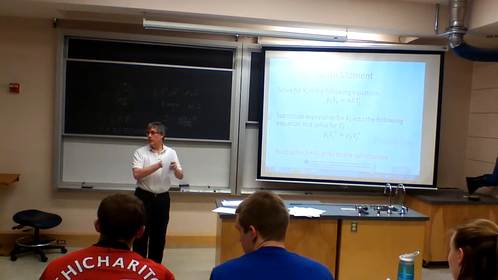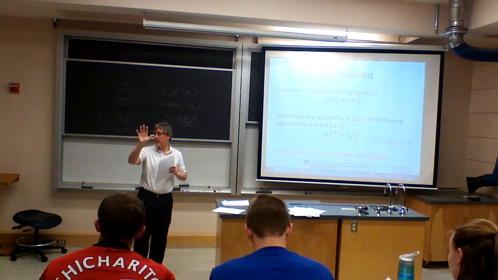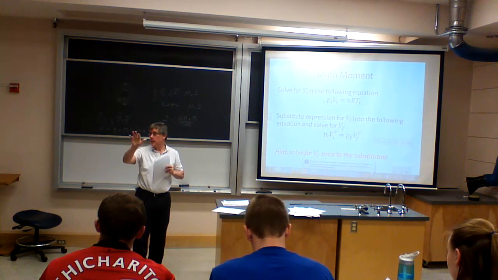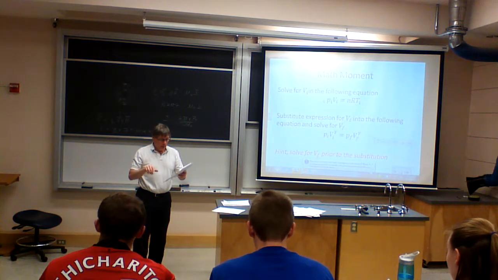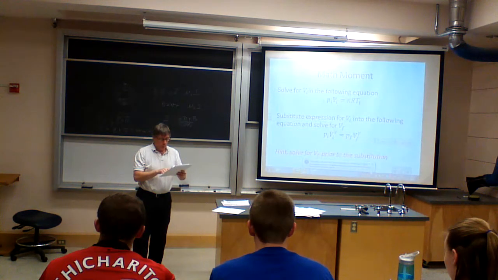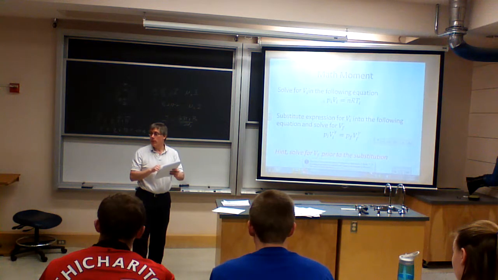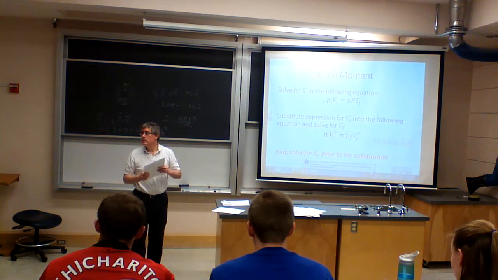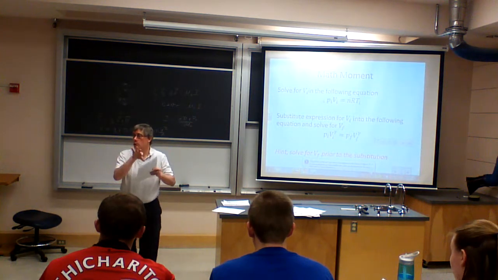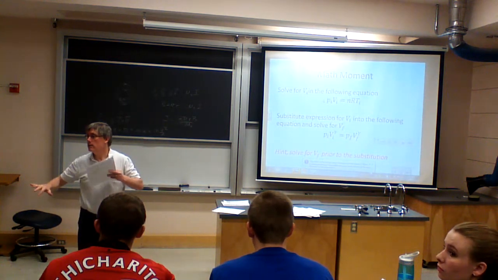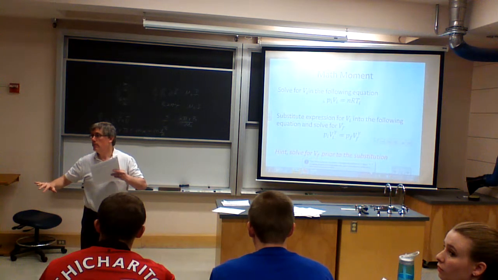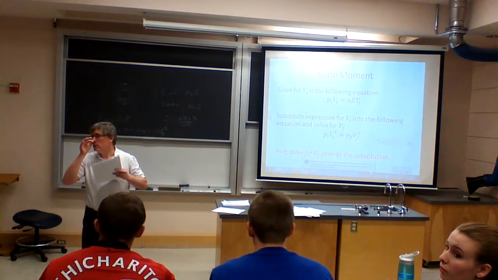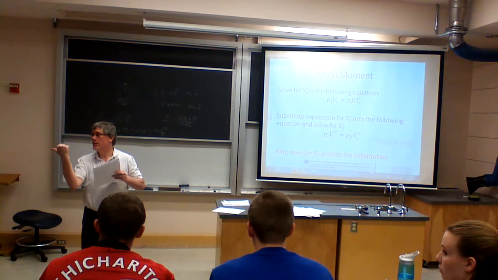The current needs to be induced in a way to maintain that flux. The current will be induced from left to right out of the ammeter, and that's to maintain the flux. We're moving the coil away from the magnet, so by Lenz's law, we want the current to keep it.